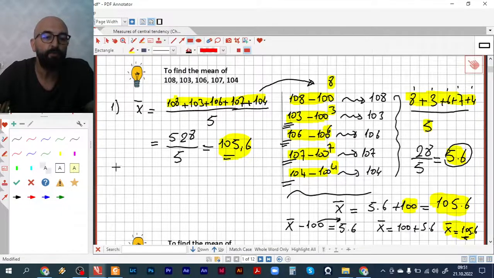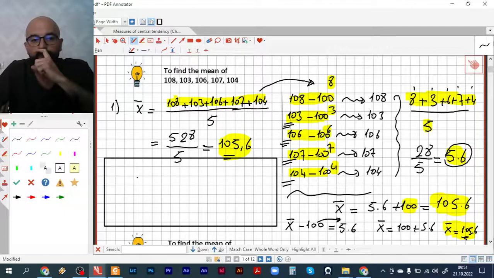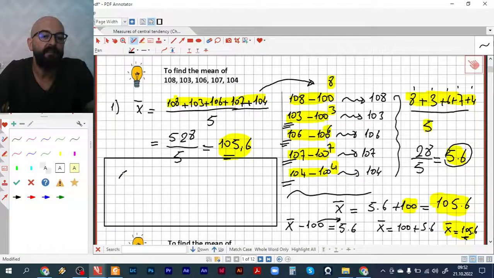And please notice that if you want to use small numbers instead of the large numbers, and you use 100 less than all data, you find 100 less than the mean.